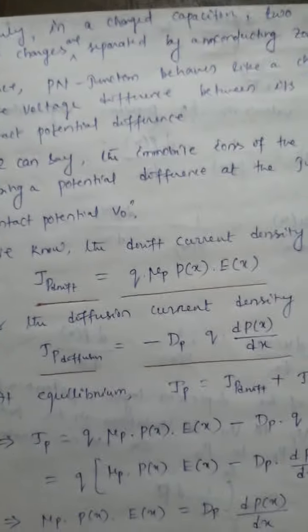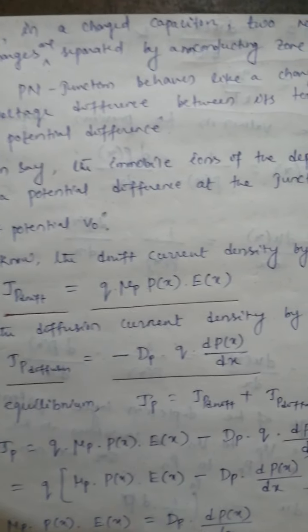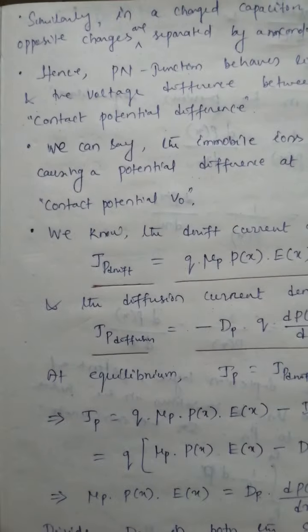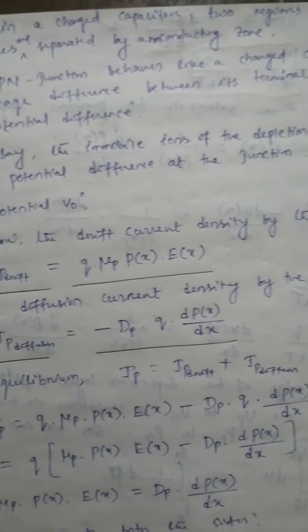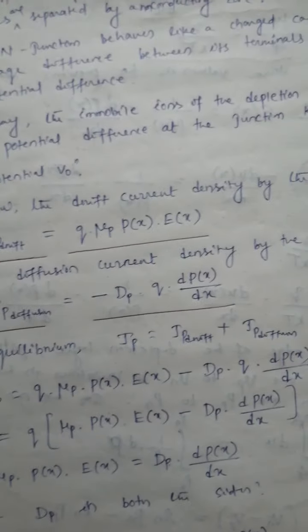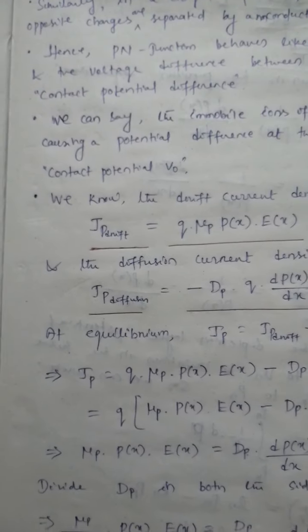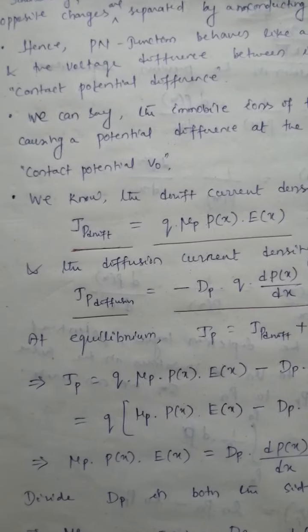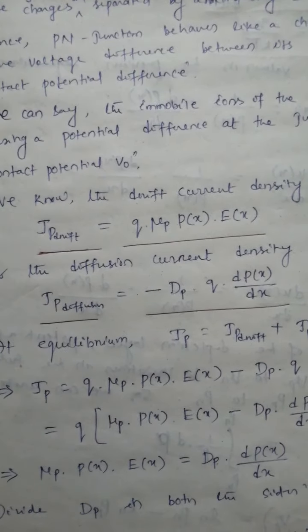Next. Similarly, in a charged capacitor, that means we are comparing a capacitor with the PN junction, two regions with opposite charges are separated by a non-conducting zone, we know. Hence, PN junction behaves like a charged capacitor, and the voltage difference between its terminals is called the contact potential difference.